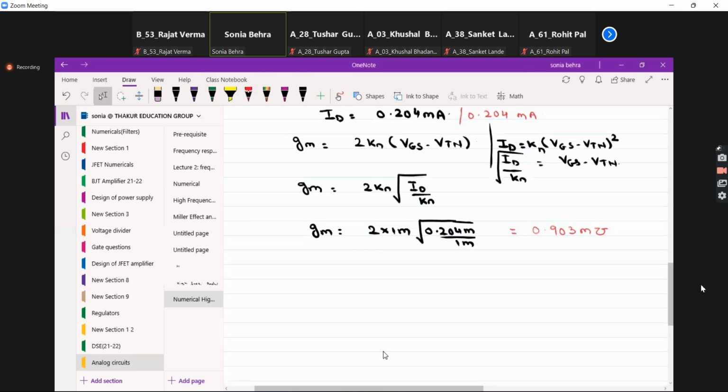Now the DC analysis is done. Our aim was to find out the value of GM. So you have found out the value of GM from your DC analysis, which is 0.903 millimho. Now we start with our second step, which is AC analysis. In AC analysis at high frequency, the first thing which you will do is find out Miller capacitances.